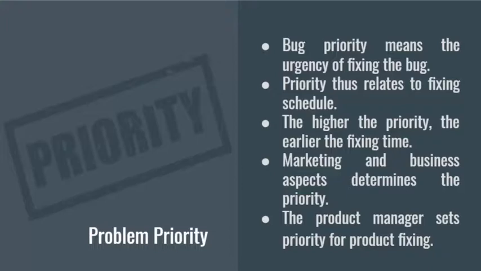When a problem earns a high priority, it means that it needs early intervention, and when the priority is low, intervention may come later. The priority of a reported problem is based on the business and the marketing aspects, which means that when the problem has serious business consequences or interferes with sales, it must be addressed as soon as possible to avoid an outage.